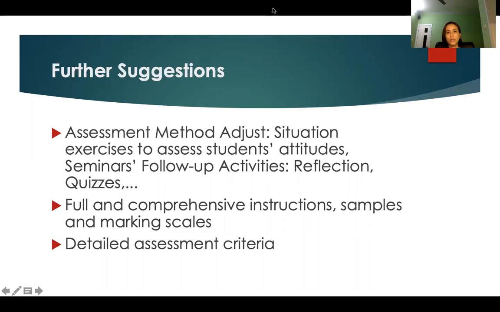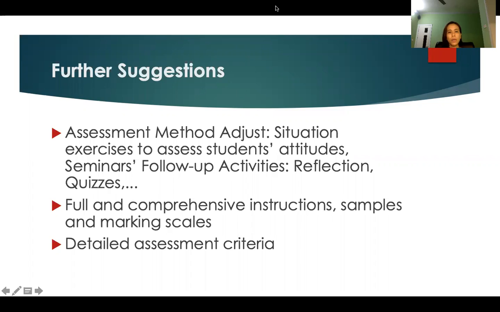And there should be some follow-up activities after the seminars are conducted in order to evaluate the students' participation, the students' understanding, and the students' ability of applying the knowledge they get from the seminars.